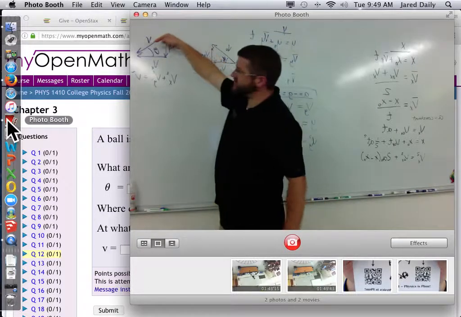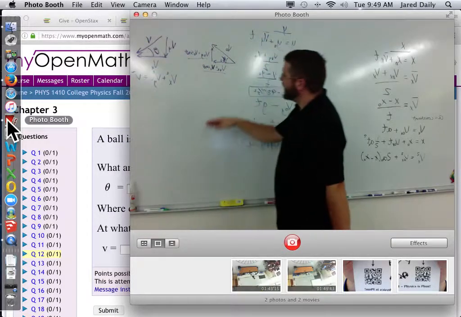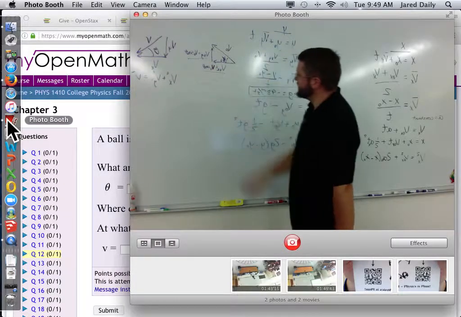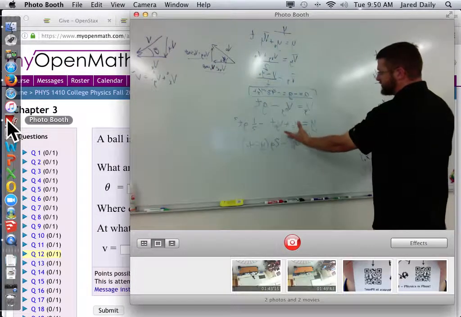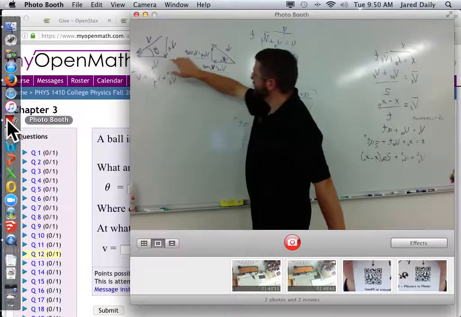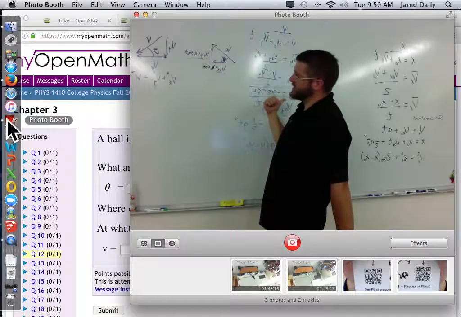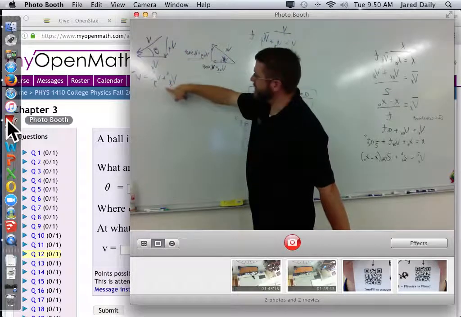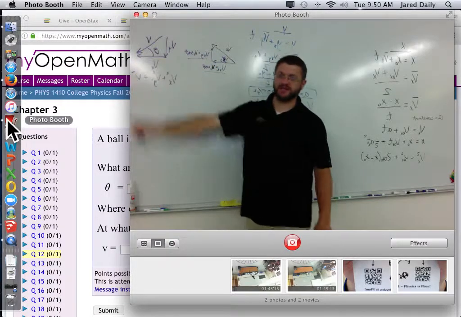And then when it lands, it's got some final velocity. But what you do is you use these initial velocities with these sets of equations to find the final velocities. So for this one, you use this one to find this one. Use this one to find this one using these equations. And then you use the Pythagorean theorem at the end to find that final velocity at the end of the problem.